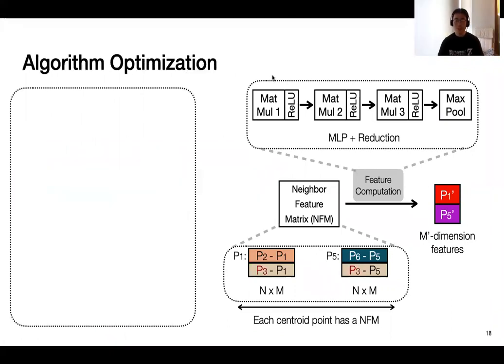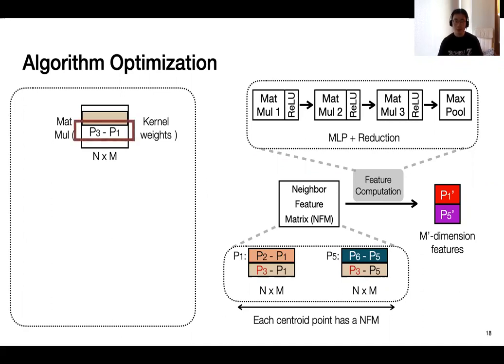Here, we have developed an algorithm optimization that can tremendously reduce the workload of feature computation. The input to this step are feature matrices produced from the previous step. And the computation here is mainly matrix-matrix multiplication. Also remember that all these feature matrices are made up of individual feature vectors, and these vectors are originally normalized from individual point features.